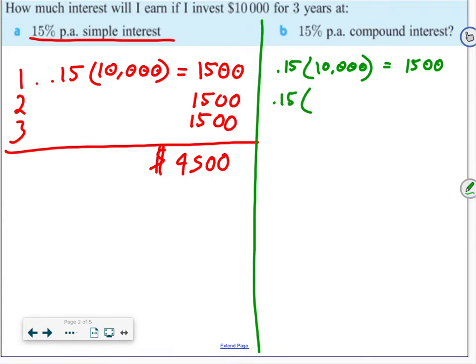So 10,000 plus 1,500 is 11,500. We calculate the interest on that, 15% of 11,500, and we get 1,725. Then we add that to what we had the previous year.